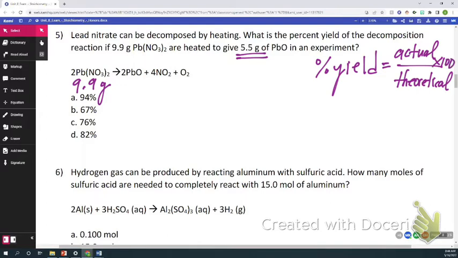So this 5.5 is the actual. That's what you need to know. So you're not doing anything with the 5.5 except putting it in the percent yield equation. What you need to solve for is the theoretical. And once you solve for the theoretical, then you can just divide the two times 100 and you have percent yield.